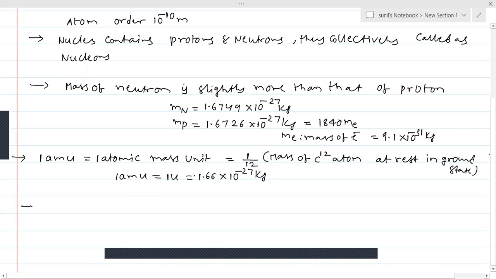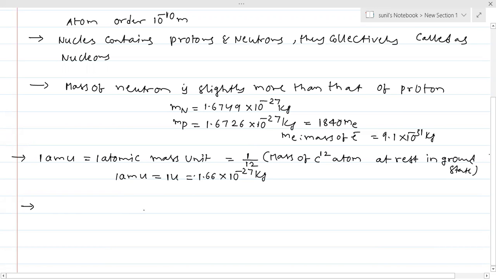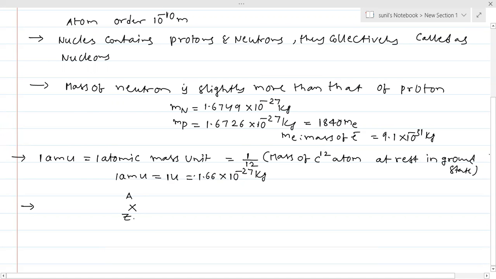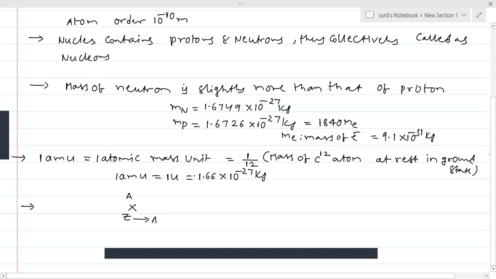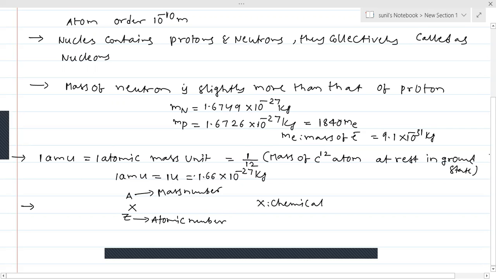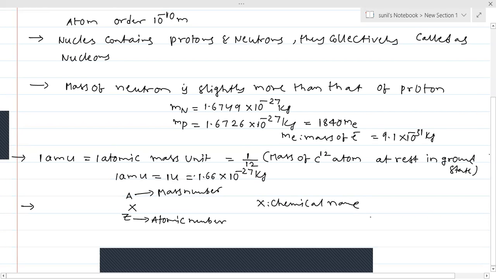And we need to know the symbols of the nucleons as well as atomic number and mass number. Generally, we write ZXA, where Z is the atomic number, A is the mass number, and X is the chemical name of the given material.